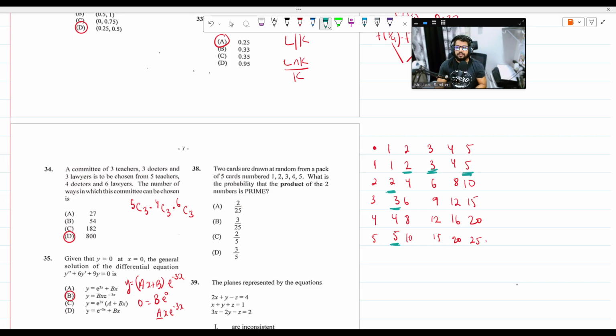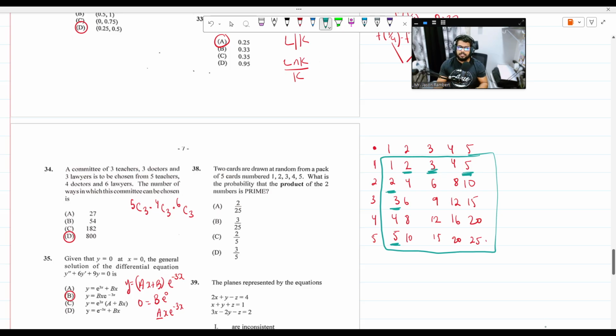The product of the numbers is in this particular sample space here, that is the product of the numbers on the cards. If we are not going to count repeated numbers, meaning if the product is 2, we only count that once, I cannot do that for all.